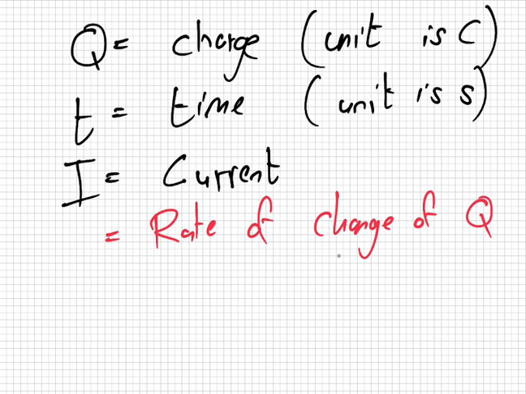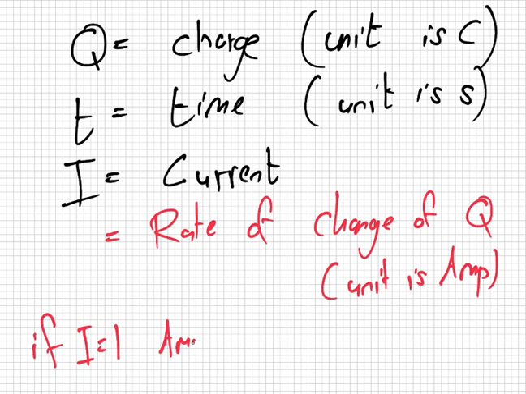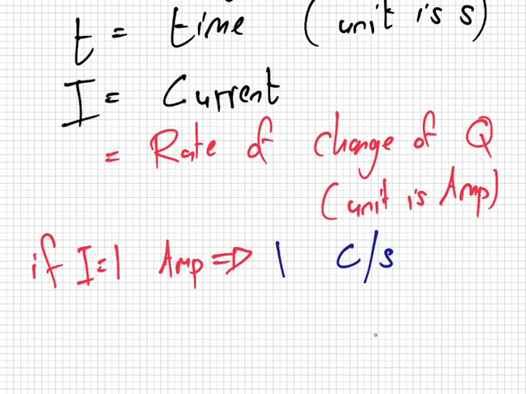So its unit is amps. So for example, if I equals 1 amp, that means we have the same thing as 1 coulomb per second. That's what 1 amp is. Another unit for amp is coulombs per second. Amp is the same thing as coulombs per second.